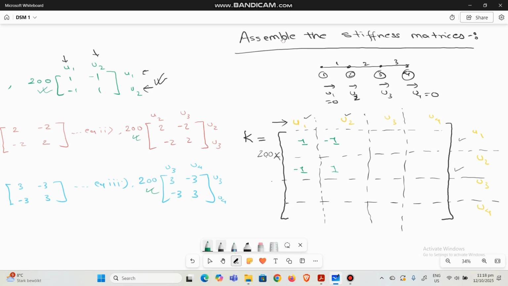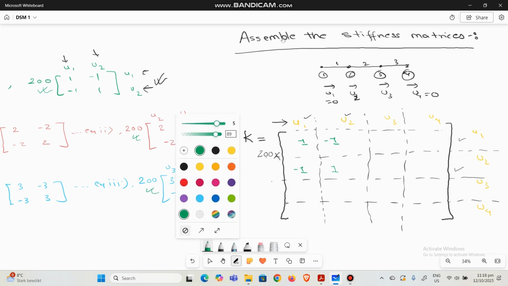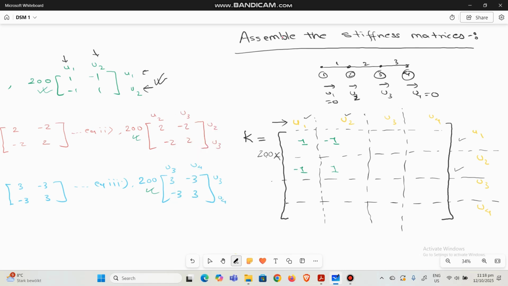So now the second element, I will use the red color. The second element is this one, 2 3 and 2 3. So first of all select, you are concerned with this and this, and here you are concerned with u2 and u3. So the intersection between those gives you the space, this one, this one, this one, and that one.